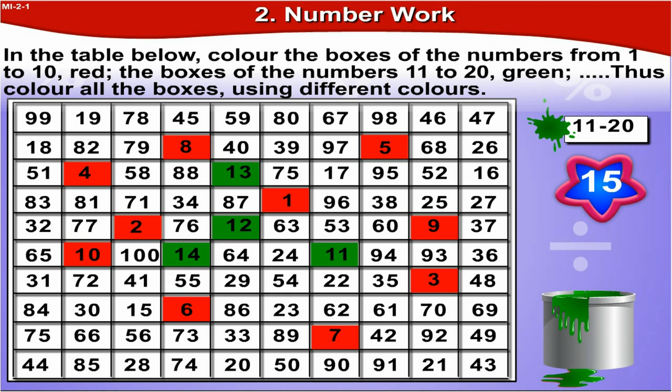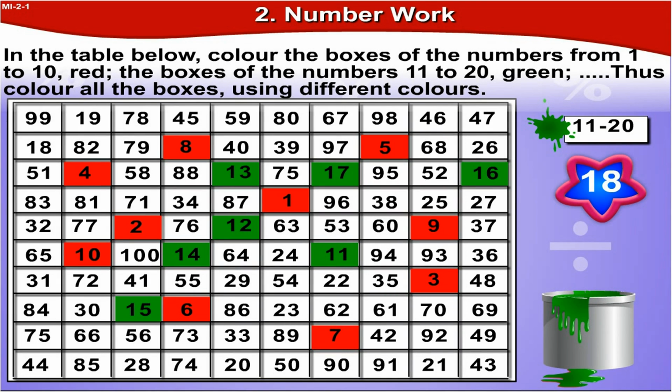Now let us add a dash of green color in the box containing number 15. And here is number 15. Let's color it. Time to locate number 16. Yes, here it is. Let us color the box green. Now, number 17. Let us color the box with green color.